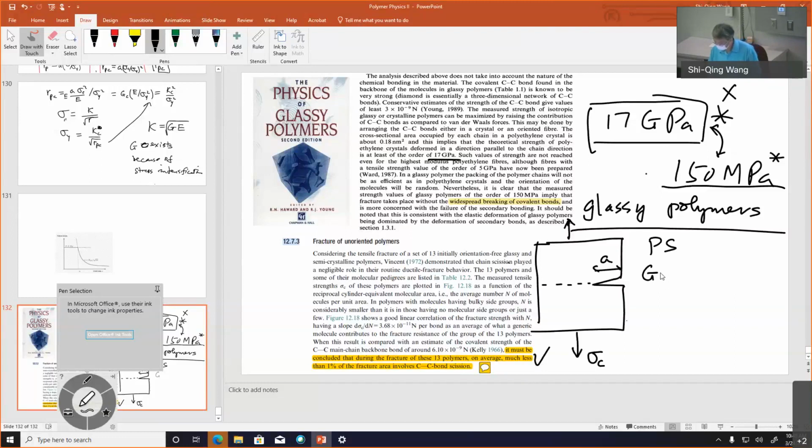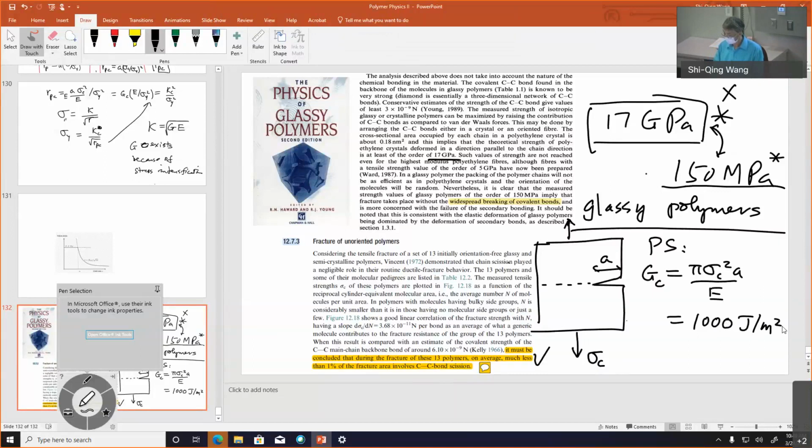So they find out that if you introduce energy release rate, they find a critical value at which polystyrene would fail. And they found that this value is about 1,000 joules per meter squared.